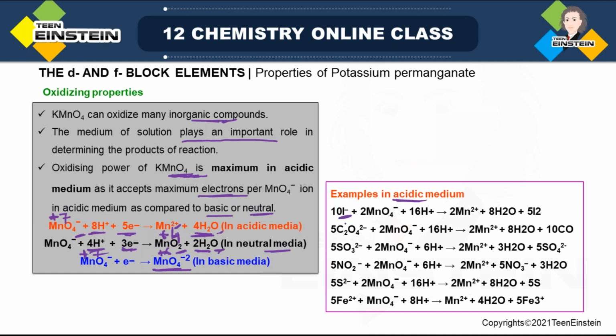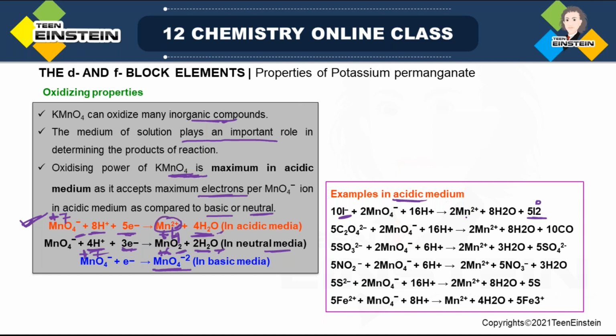Iodide ion, it may be NaI or KI. In presence of MnO4 minus, it is converted to iodine. So from -1 state, now it is 0, that means it is loss of electron. And MnO4 minus is converted to Mn2 plus. So see, in this equation written in orange color, the final compound is Mn2 plus.